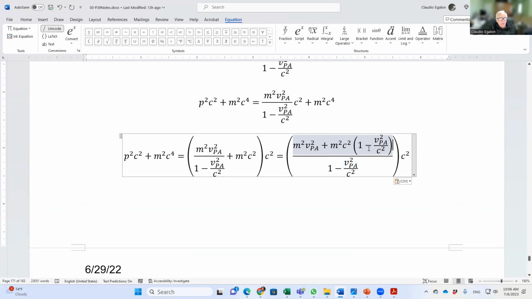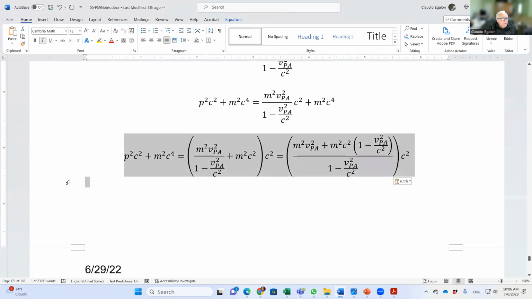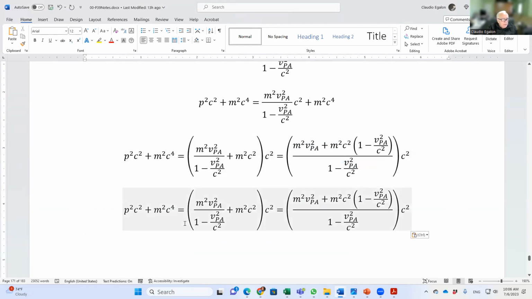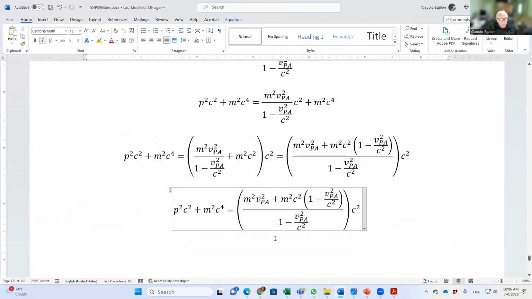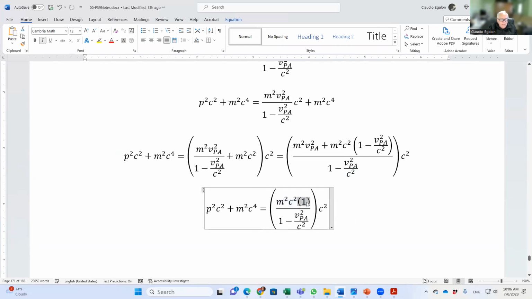Okay. Do you see what's happening here? This term here is going to cancel out this other term here. And let's see where this takes us. This term here cancels out with this term here. And c square is going to combine with c square.